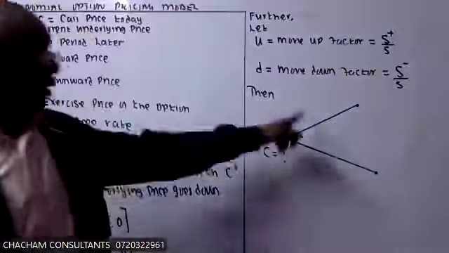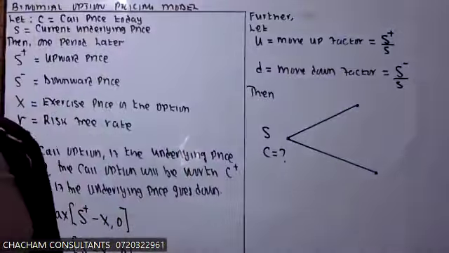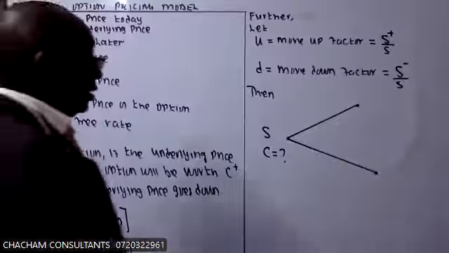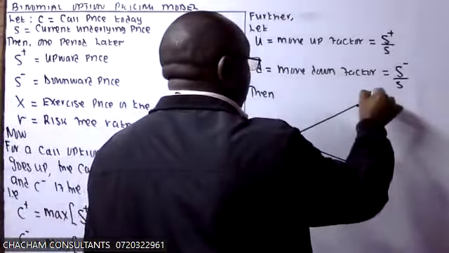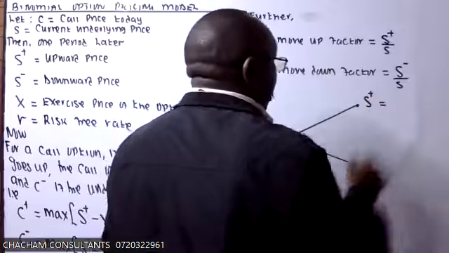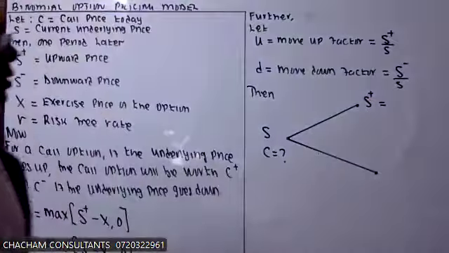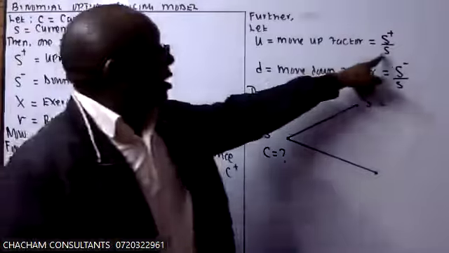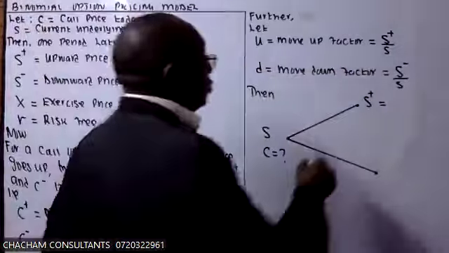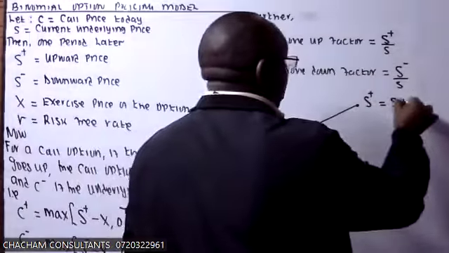So if this is after one period, this one becomes S plus. And how do you get S plus? Using this, it will be S times U, SU.